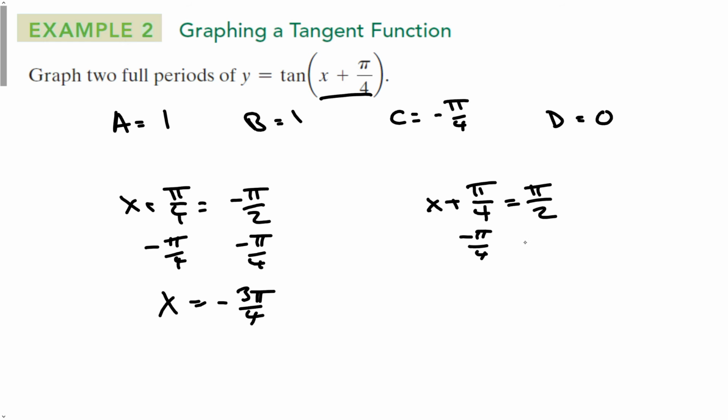Subtract pi over 4, and we get that x is equal to a positive pi over 4. Okay. Period is pi over b, so it's pi, okay? And that makes the quarter period pi over 4.